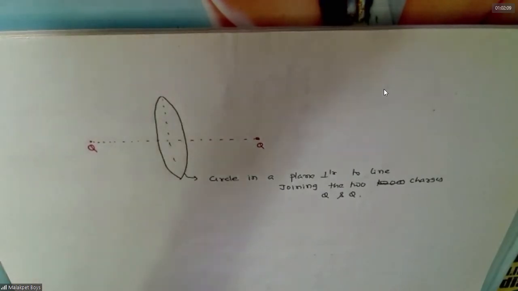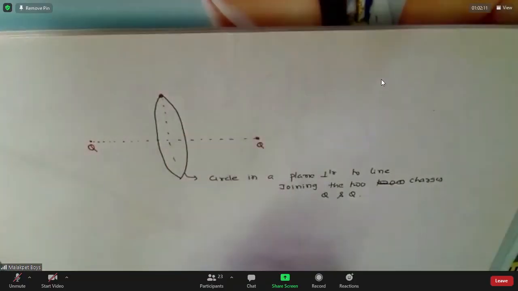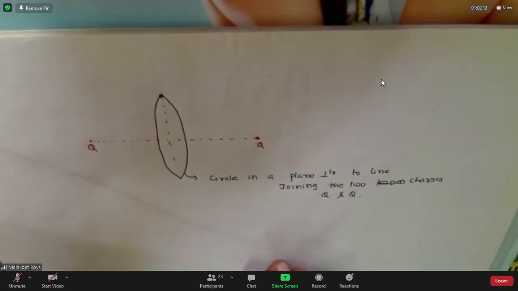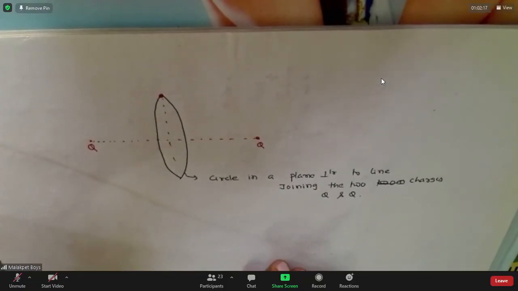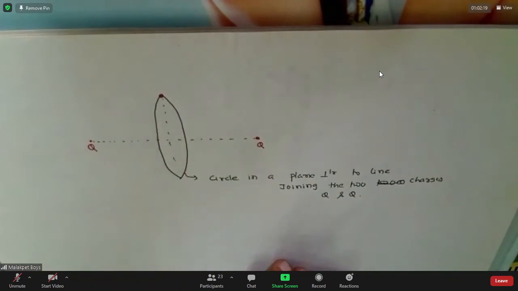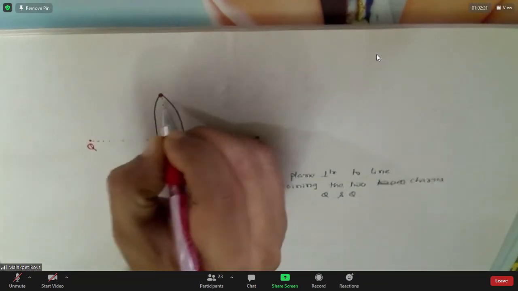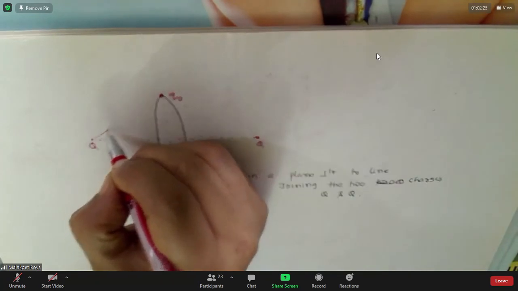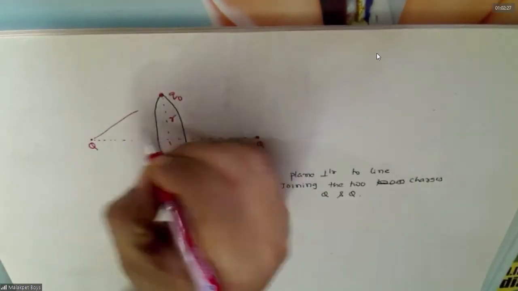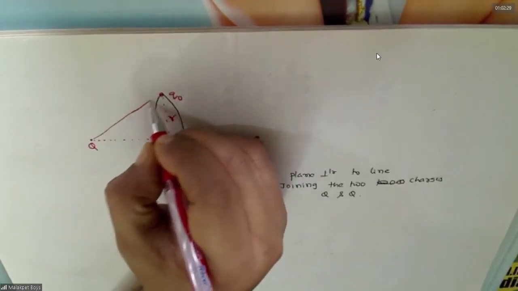Now suppose there is a charge here. What is the charge he has given? Small q. Some charge is there, q naught. Now you can see that the radius of the circle is some r if you take.